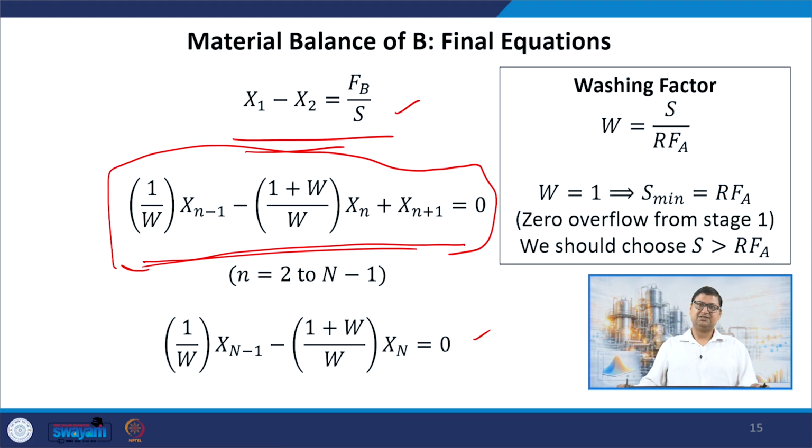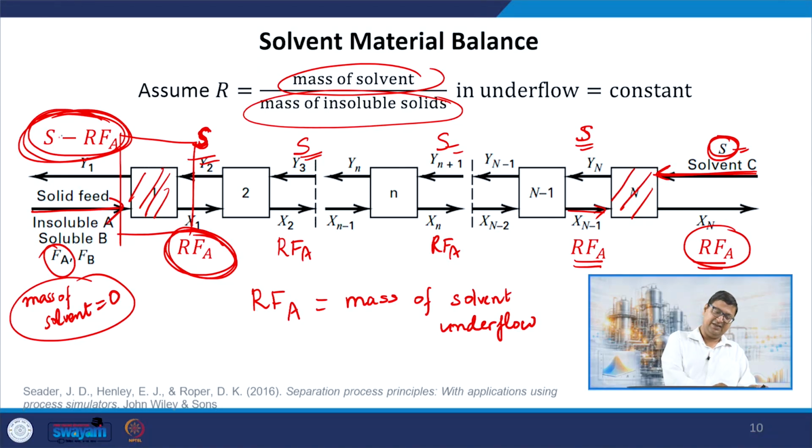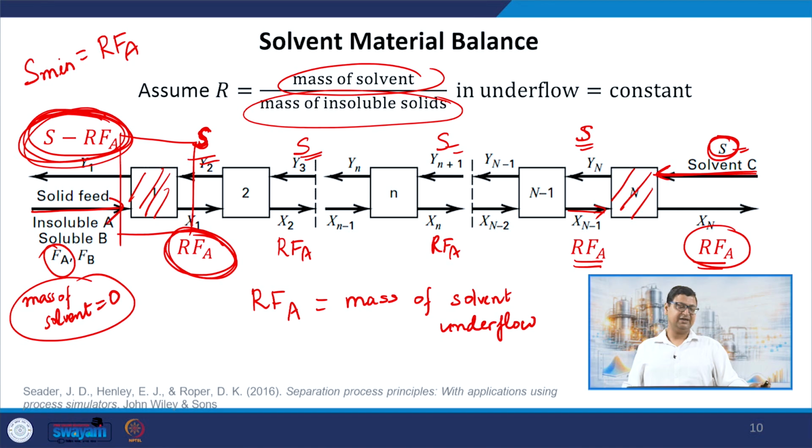Now it also sets the minimum possible value of the mass flow rate of S, and that is going to be my RFA, because when S is equal to RFA, then the overflow leaving the first stage is going to be 0, right? So the minimum possible value of S has to be RFA. S cannot be less than that because you cannot have a negative value there, right?